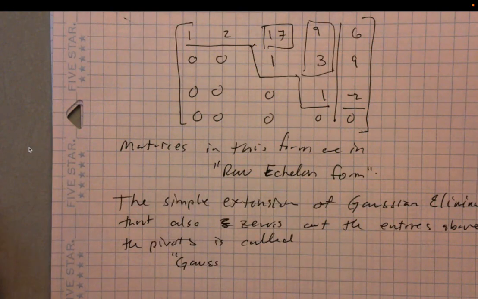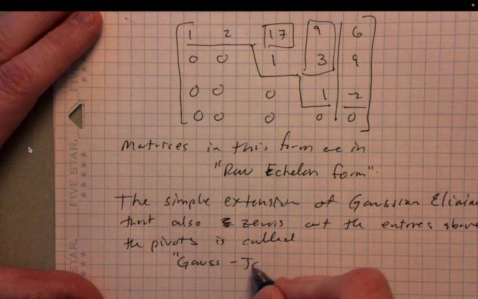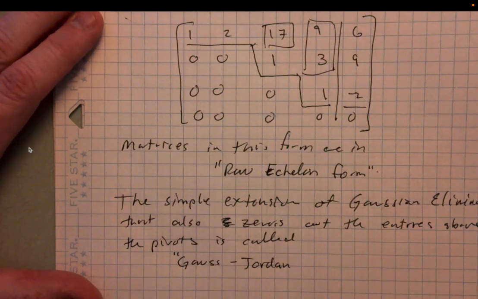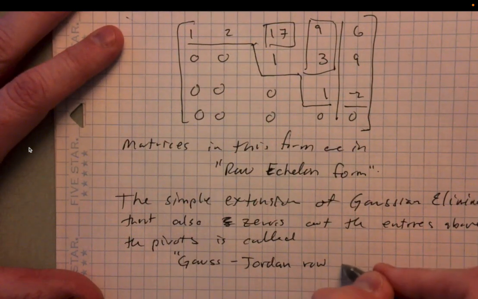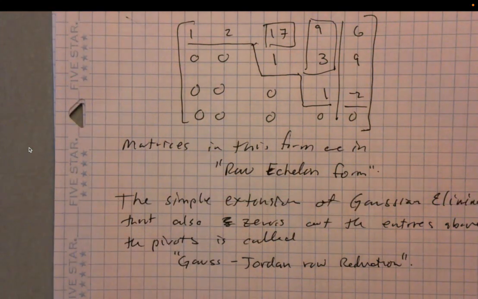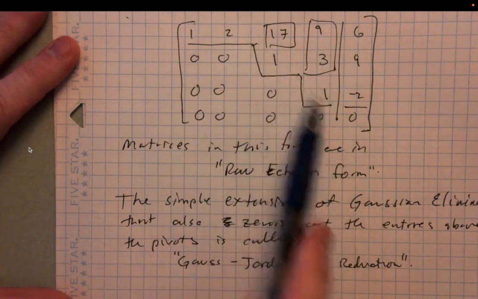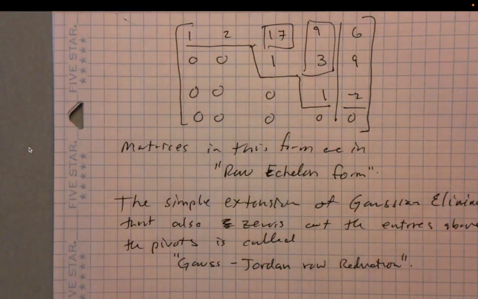Half of it is the Gaussian elimination, and the other part of it is the Gauss-Jordan. So this is basically just Gaussian elimination, but additionally we're going to zero out everything above the pivots. And you can imagine that's going to use the exact same mechanism as before, except now we're going to target things above the pivots.